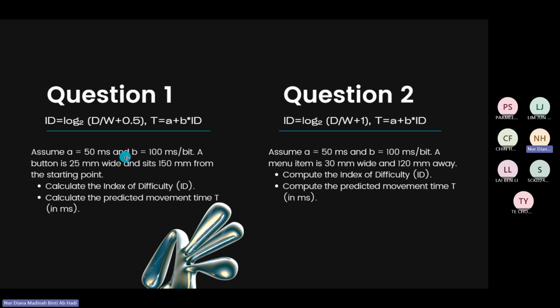So there will be a keyword for you to identify which one to be placed where. So is white supposed to be D or W? White is considered as your width, right? When we talk about 6 and from starting point, it's going to be your distance. Okay? So far, do you have any questions?